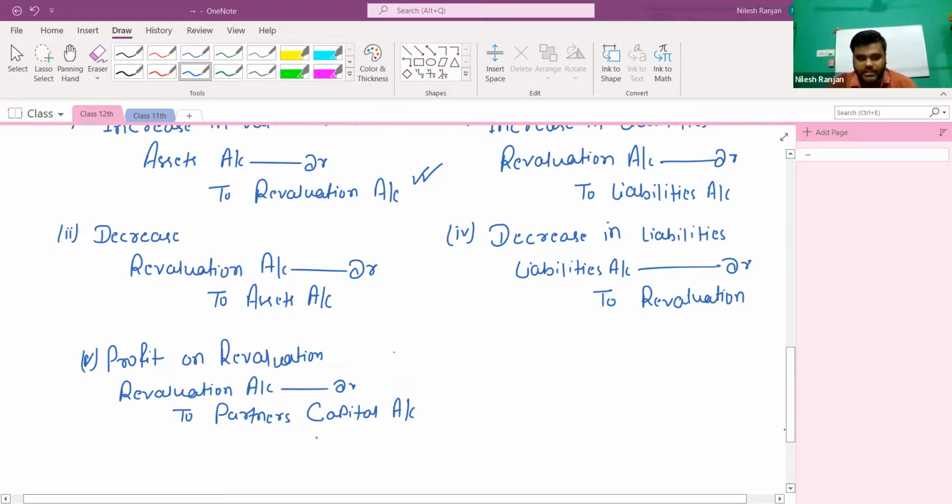Yes, that's why in profit on revaluation, the partners' capital account is credited, and we are transferring the balance of the revaluation account to partners' capital. That's why the revaluation account is debited. It is not a loss. Actually, we are transferring the balance from the revaluation account. That's why the revaluation account is debited here.